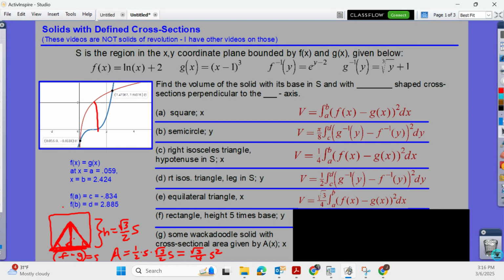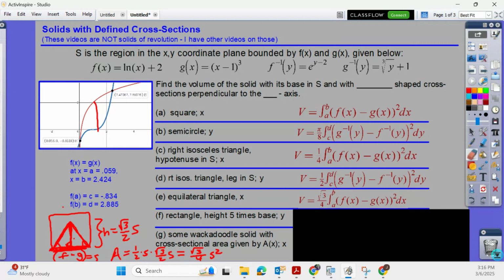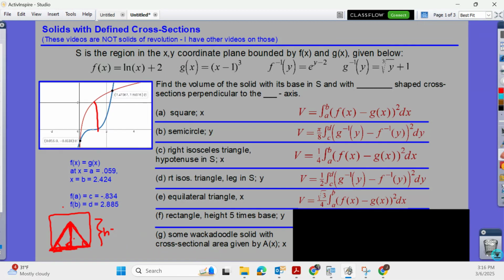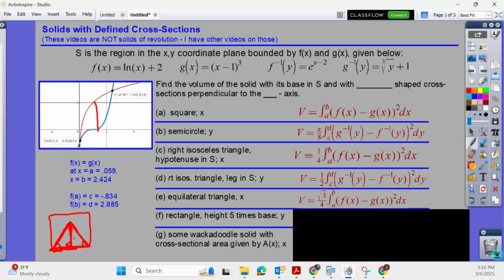One more thing I want to say about this. All these shapes, I drew the equilateral triangle inside of the square. And part of the reason I did that is to emphasize this point.